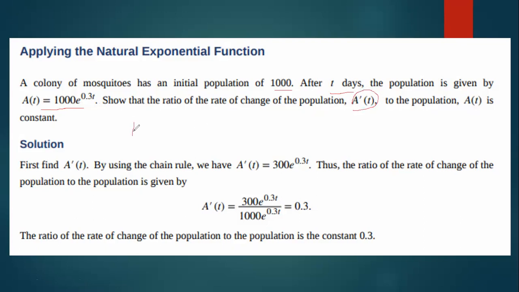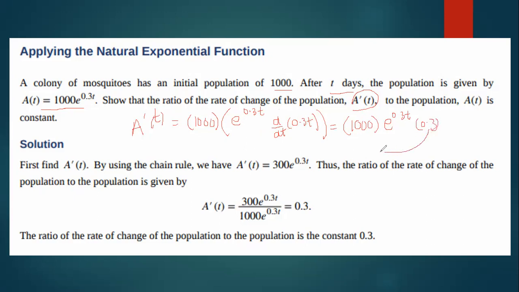The derivative will be 1000 times the derivative of e^(0.3t), so it will be e^(0.3t), and then taking the derivative with respect to time of 0.3t, which is 0.3.